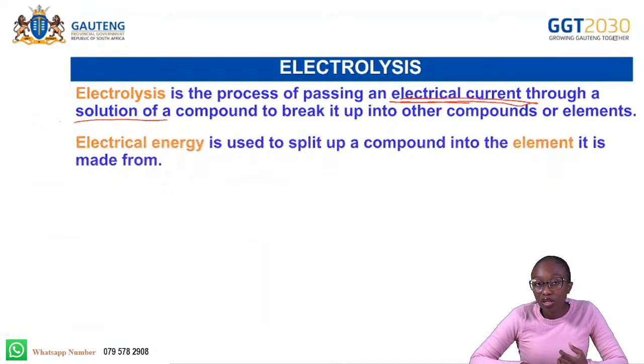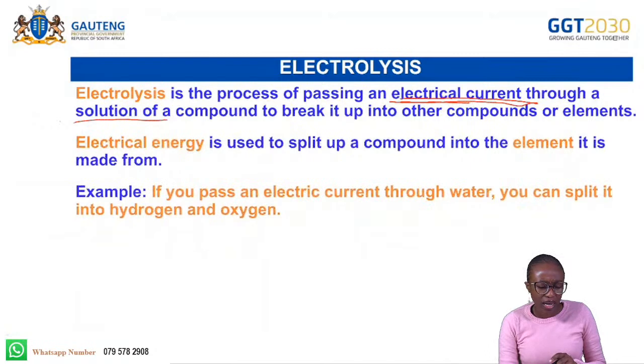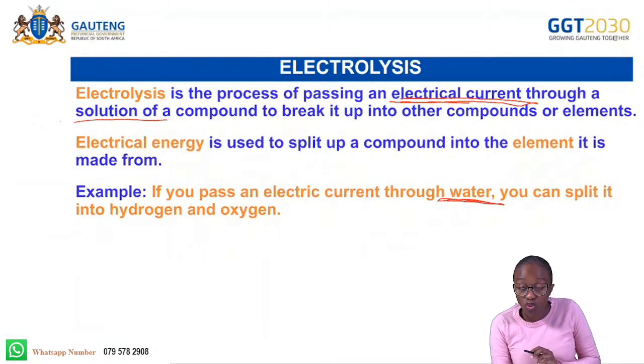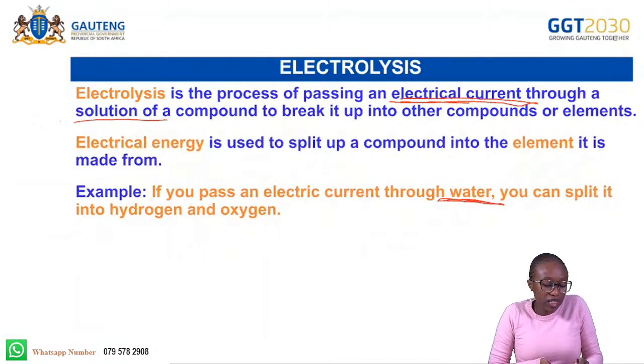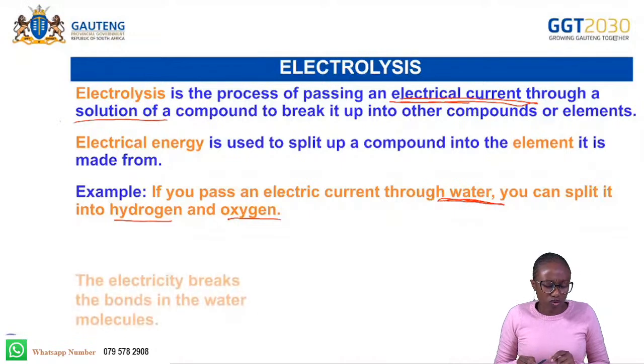Now, electrical energy is what we need to split up a compound into the elements it is made from. For example, if you pass an electric current through water, you can split it into hydrogen and oxygen. Remember, each water molecule has 2 hydrogen atoms and 1 oxygen atom.